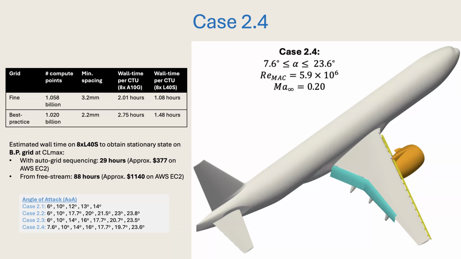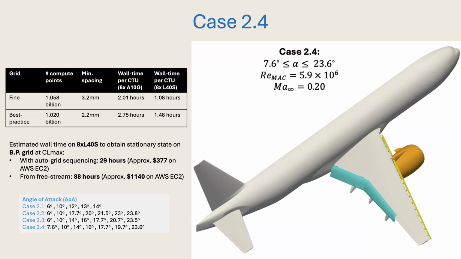And then if you bring that to L4DS, that's almost half of it, 1.08 hours. And the best practice grid is slightly lower than the fine grid. That's 1.02 billion, and minimum spacing is 2.2. The wall time is 2.75 hours on A10G, and then 8X, 8 GPU L4DS is 1.48 hours.